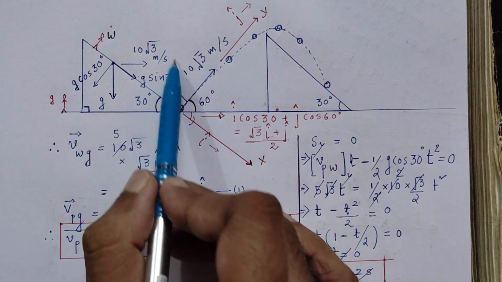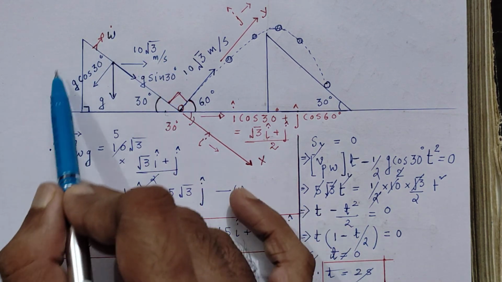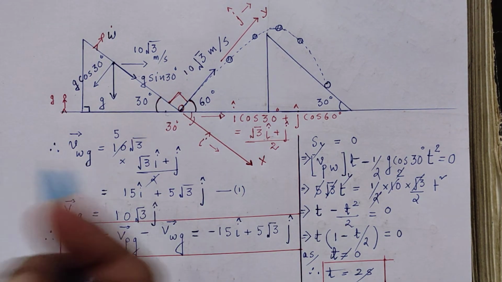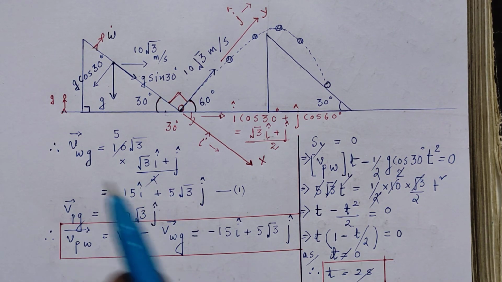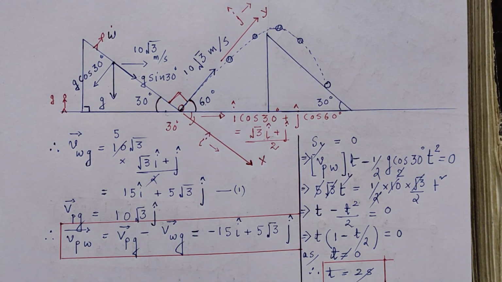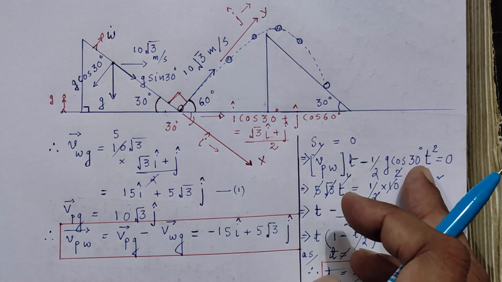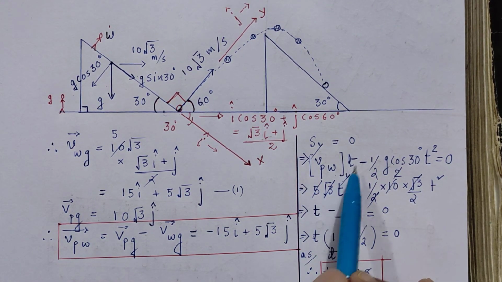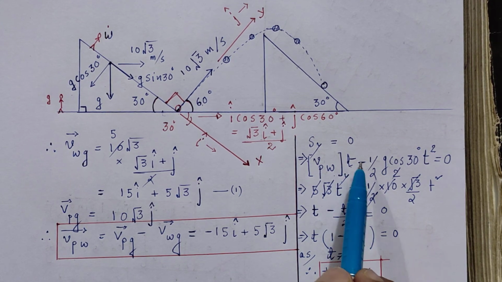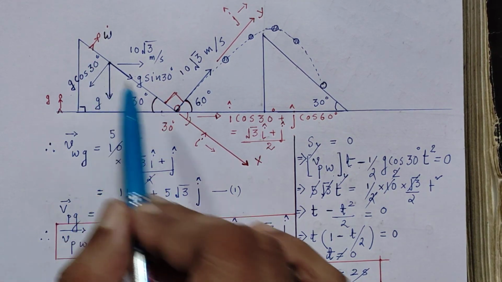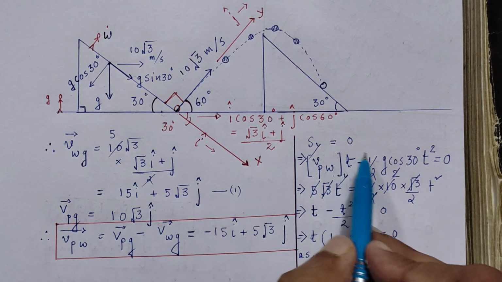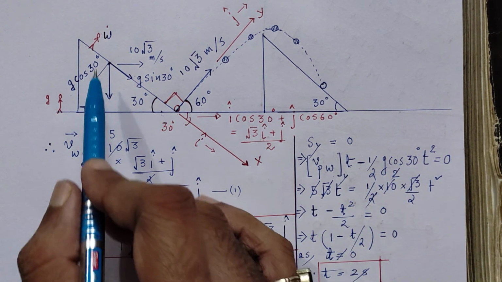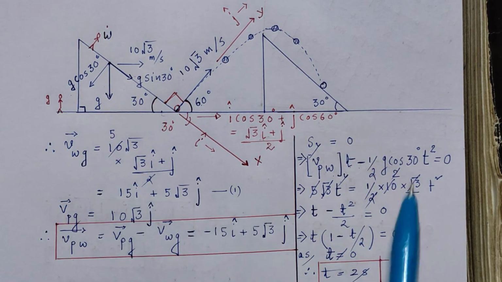So this particular acceleration is the acceleration of the particle with respect to the wedge. So when you say Sy equals 0, it is the initial velocity of the particle with respect to wedge, y component, into t, minus, because g cos 30 degrees is retarding this motion, minus the acceleration of the particle with respect to wedge, y component, into t square.